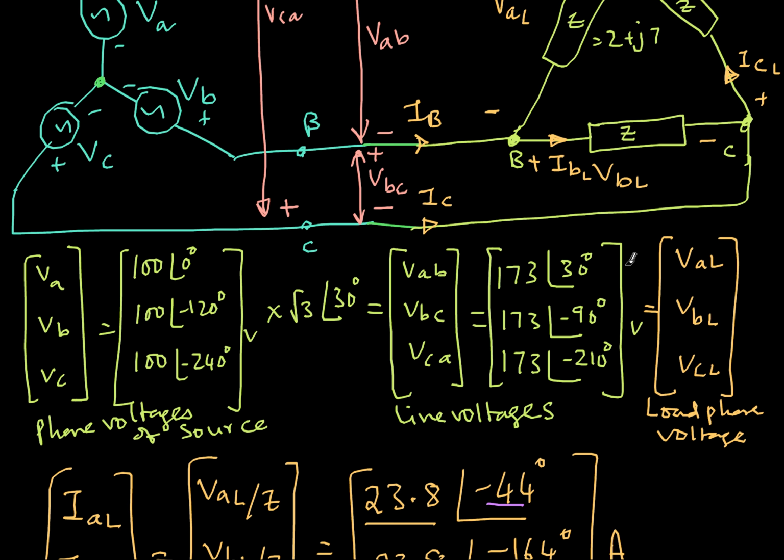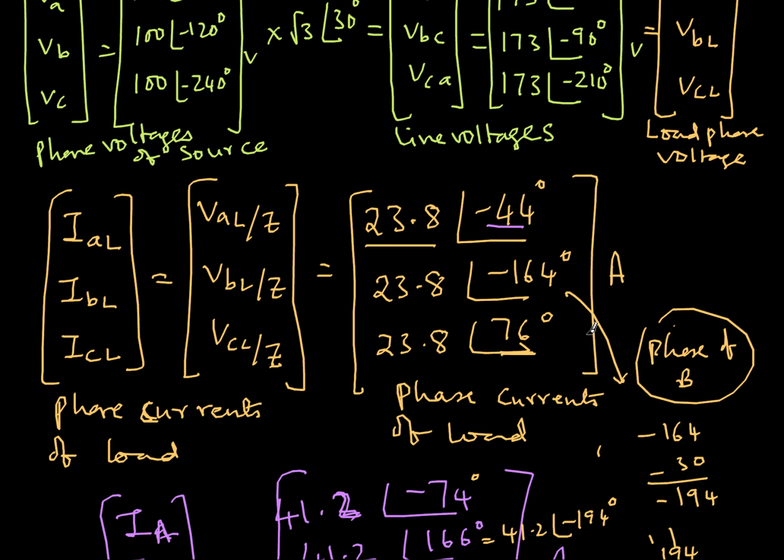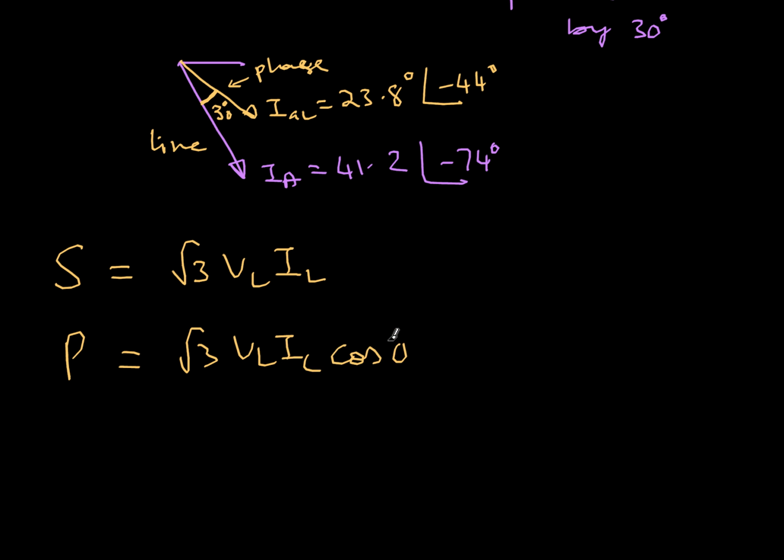So this is the analysis of a star connected source and delta connected load. Just one final thing: I want to know the complex power. Complex power is root 3 VL IL, active power is root 3 VL IL cos phi, and reactive power is root 3 VL IL sin phi.